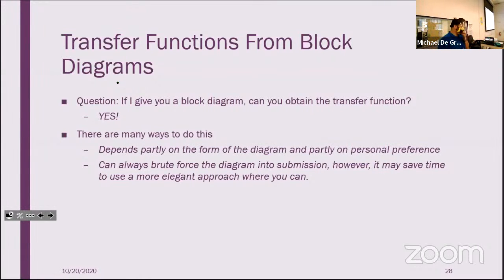In some of the ones that we've done so far, that seems pretty straightforward because we have a single block, and we would just read the transfer function off of it. What if you're given something cluttered and complex and you just want a system-wide transfer function? Can we do that? Well, yes. It partly depends on the diagram and personal preference. You can always brute force these things into submission.